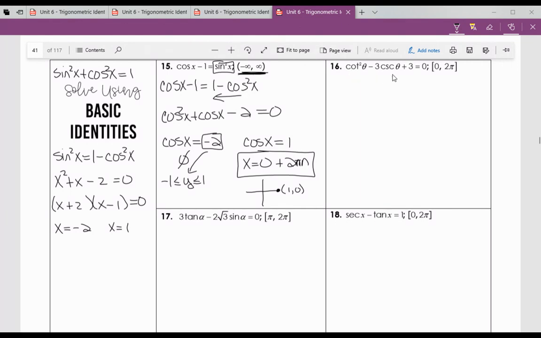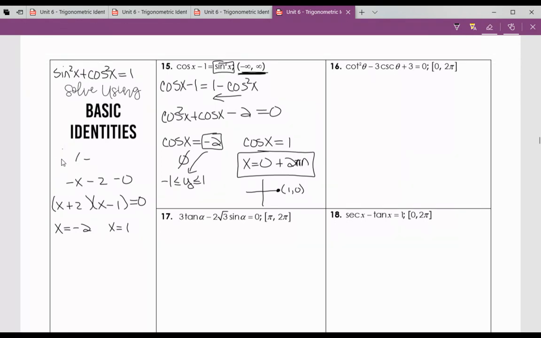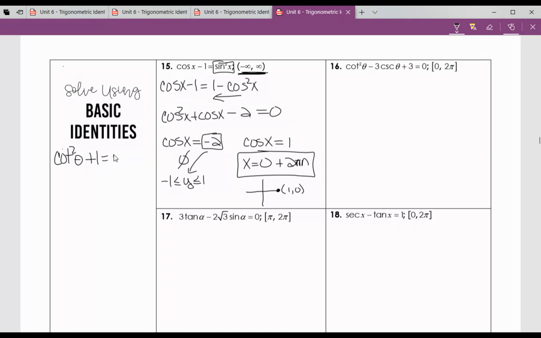Now, I'm going to do the same thing for number 2. The only difference is I'm going to use a different Pythagorean identity to create an all cosecant equation. So if you go to your formula sheet, you will see a Pythagorean identity that says cotangent square theta plus 1 equals cosecant square theta.